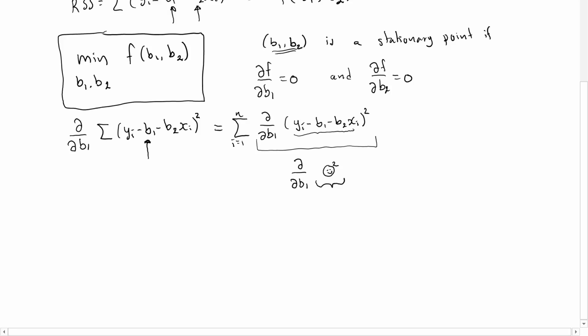The rule for differentiating a composite function is that I differentiate first the outer function, and the derivative of something squared is 2 times something. So that will be 2 times this inner function, represented by the smiley face, multiplied by the inner derivative.